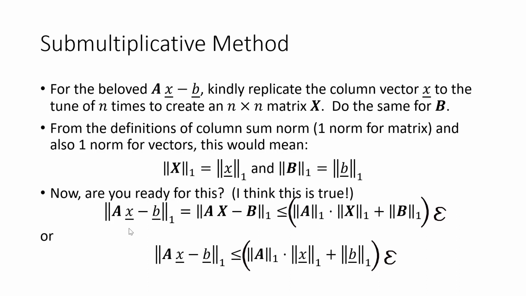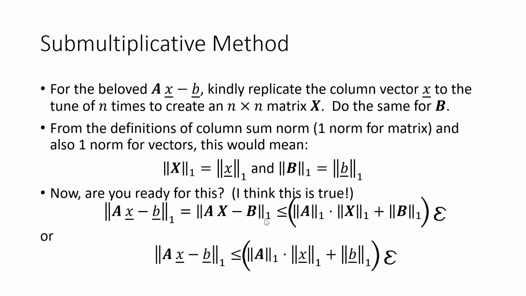Now, are you ready for this? I think that this bound on what I'm looking for, the 1 norm of Ax minus b, is going to be equal to the 1 norm of AX minus B, where I put in the matrix representations for the two vectors. See, these are going to be equal because I'm just replicating the columns there.